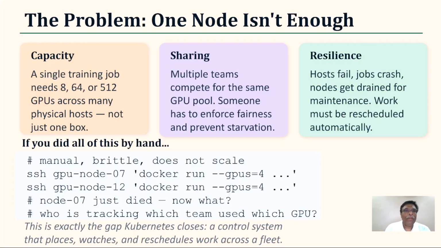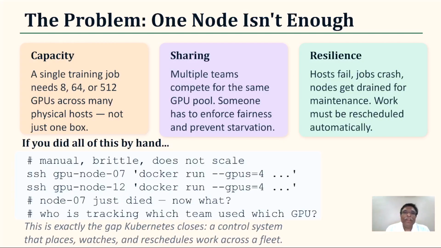Now the problem is that one node is not enough. From the capacity point of view, a single training job might need 8, 64 or 512 GPUs across many physical hosts. You will not have that type of setup in just one box.